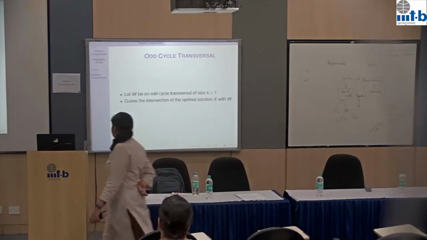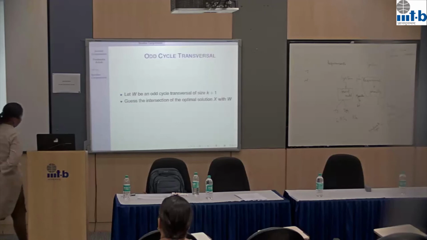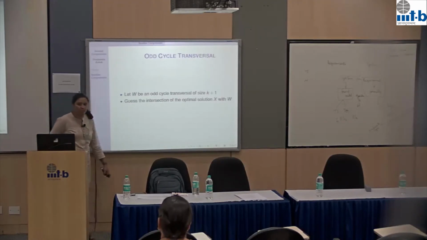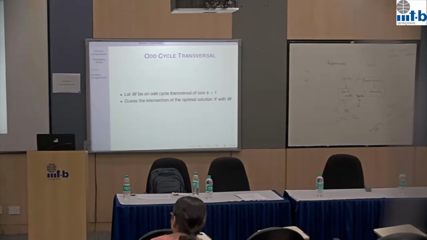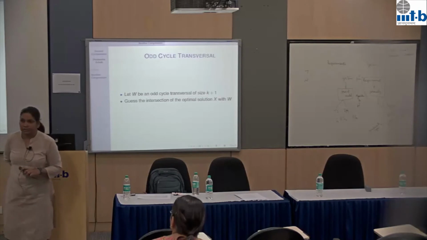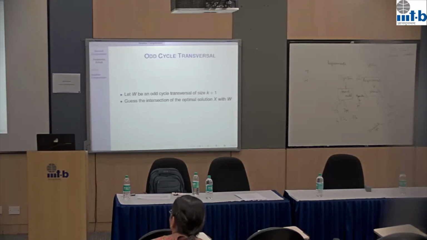So you have a graph and you have an OCT of size k plus 1. Let's call it W. If there is an optimal solution, meaning an OCT of size k, let's call it X, we are guessing how X will intersect with W, or in other words, how many vertices of W are in X also.